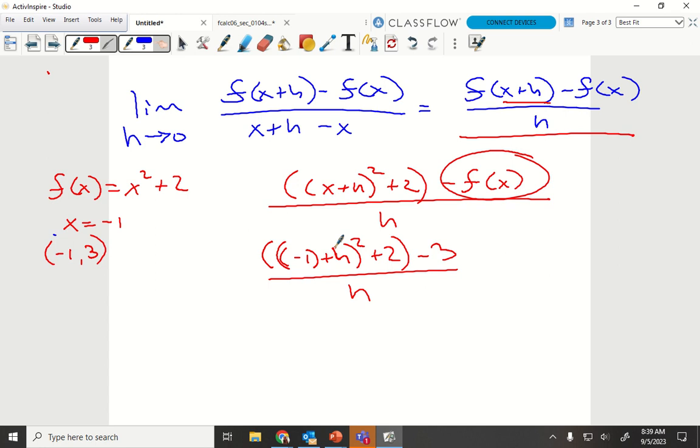Now right here, I'm going to expand that. So the -1 plus h is going to give me squared. I'm going to use distribution or whichever. Having two squares is going to be 1 minus 2h plus h squared plus 2 minus 3.